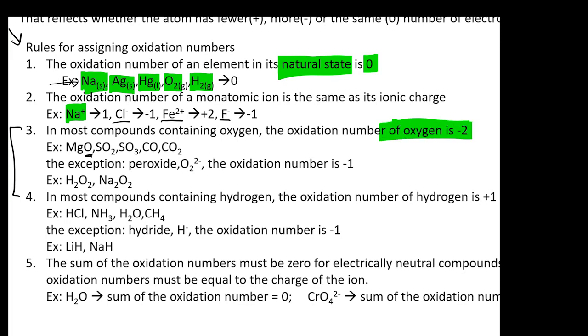Every time you see a compound or molecule where the chemical formula carries oxygen, the oxidation number of the oxygen will always be -2. There's actually only one exception, which is peroxides.